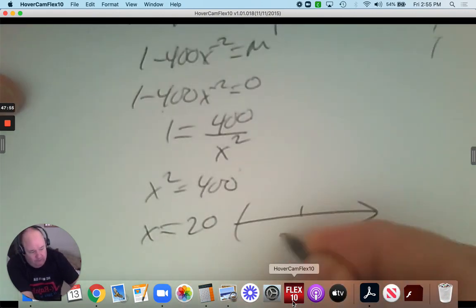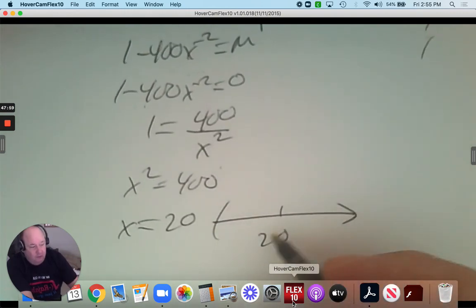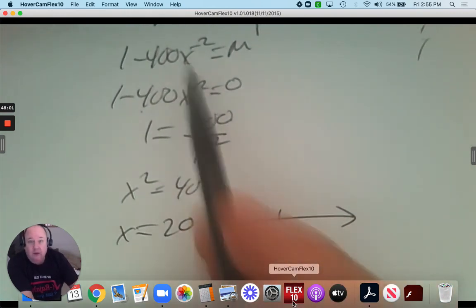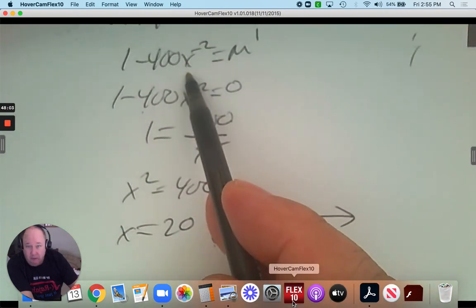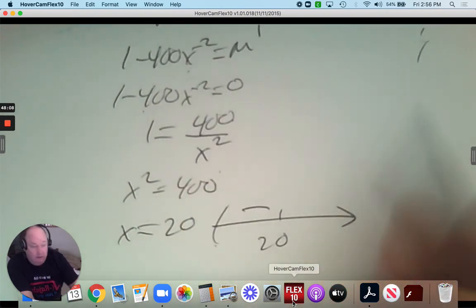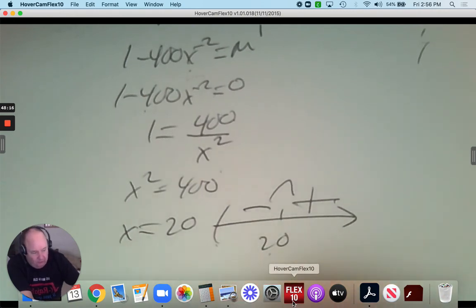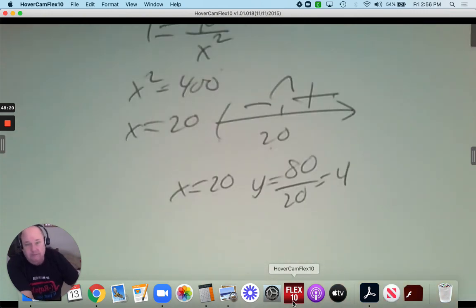The last thing I look at is whether this creates a minimum. Into the derivative, if I plug in positive 1, you get a negative answer. If I plugged in 1 billion, I would get a positive answer. So it goes negative to positive, so 20 is a minimum. So x equals 20. Y is 80 divided by 20, which is 4.